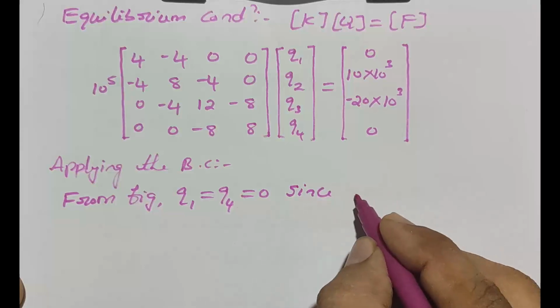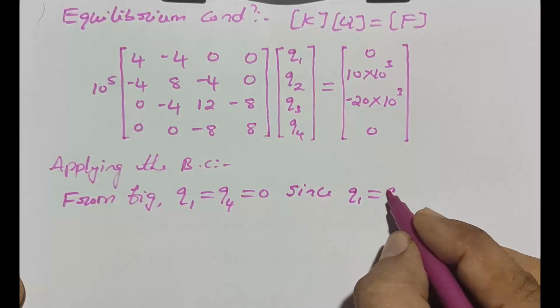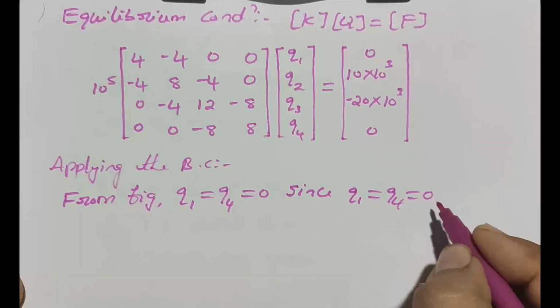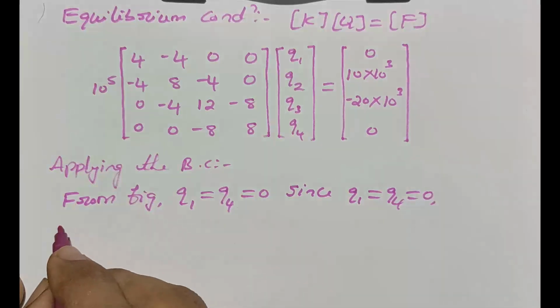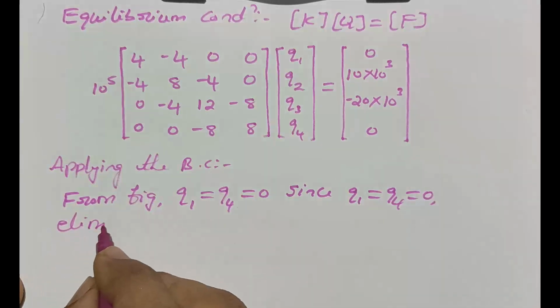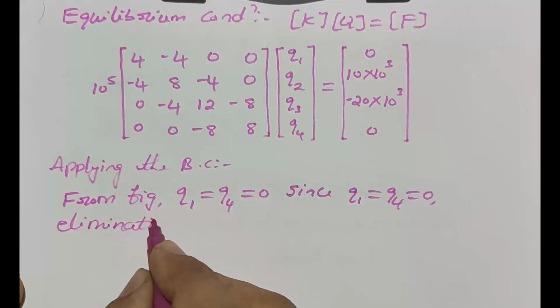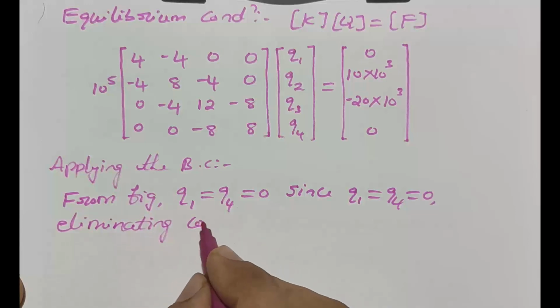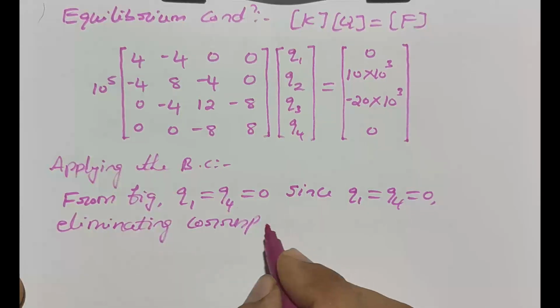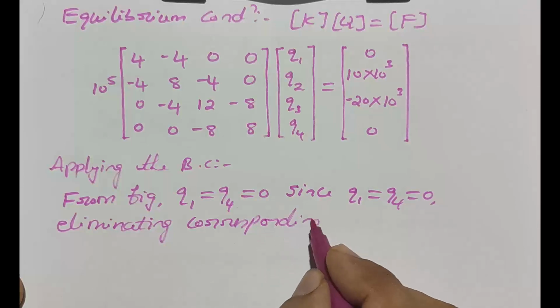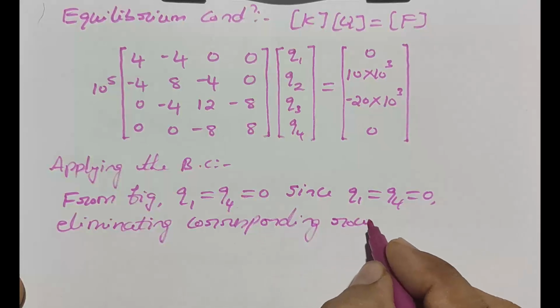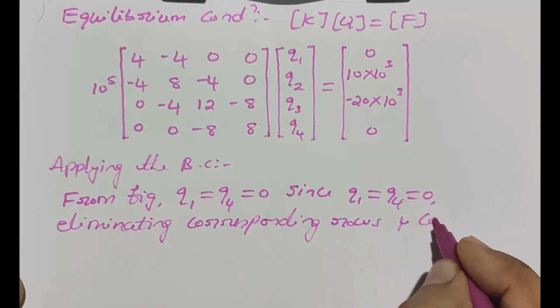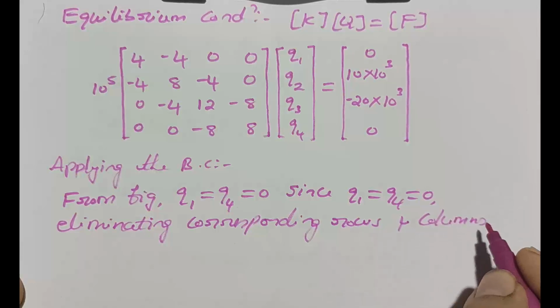Since Q1 is equal to Q4 is equal to 0, eliminating the corresponding rows and columns.